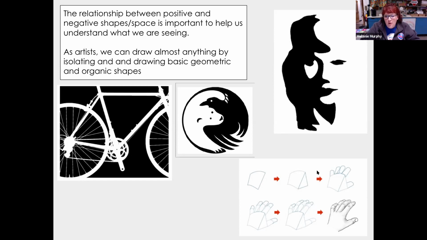The one below that with the hand is not figure ground, but I wanted to throw it on this slide anyway. Sometimes there are two basic approaches to drawing. If someone said to you, draw a picture of a hand, for an assignment, one way people draw is they would look at their hand here.